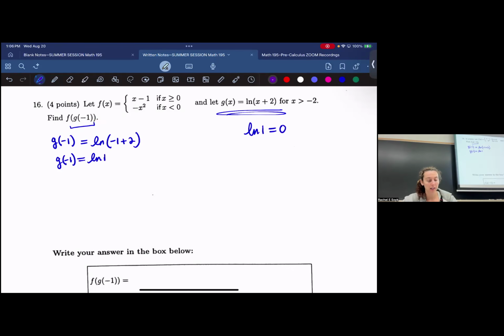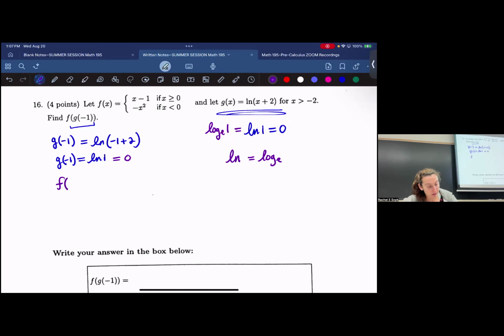Recall that natural log is the same as just log base e. So if we're looking at log base e of 1, that's just asking us e to what power gives us 1? E to the 0 power gives us 1. So ln of 1 is 0.